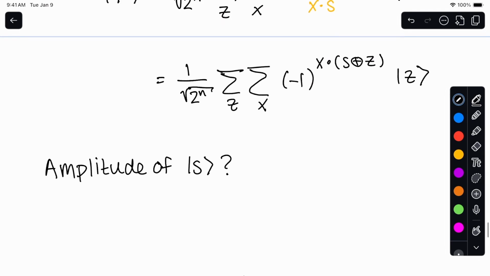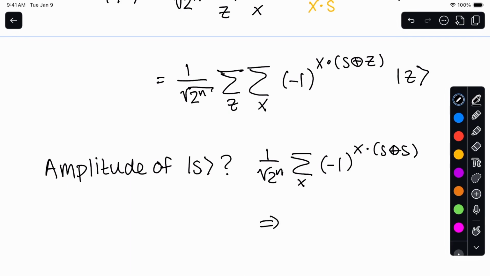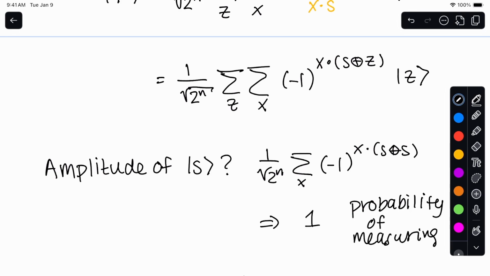Well, if z is equal to s, then the coefficient in front of the s state is going to be this. And s plus s is always going to be 0. If you add a binary number to itself, you're going to get 0. And then when we take this coefficient squared, we will just get 1. So the probability of measuring s is 1.